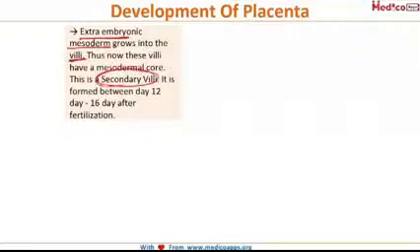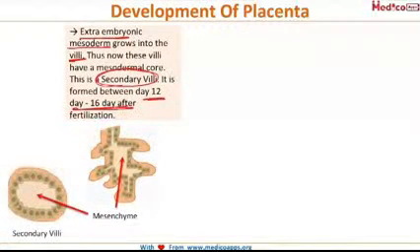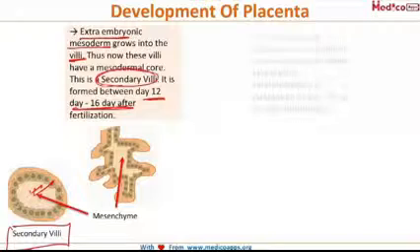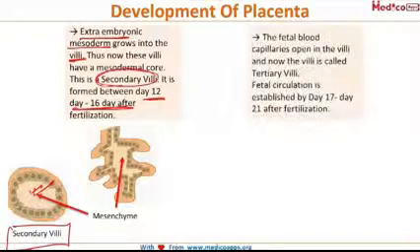So, secondary villi is formed between 12 to 16 days after fertilization, and we can see here the extra embryonic mesoderm growing inside the villi, and this is the structure of a secondary villi.